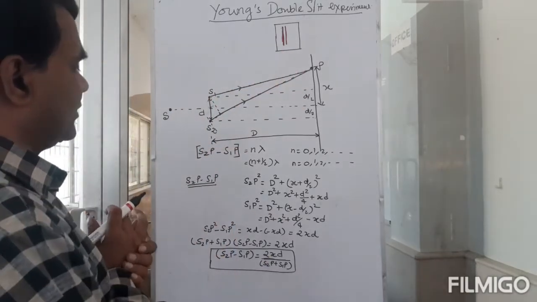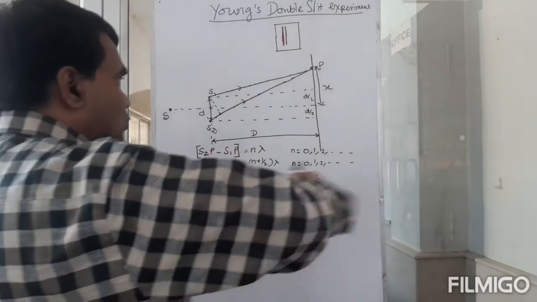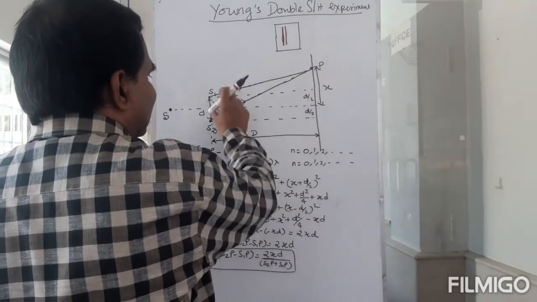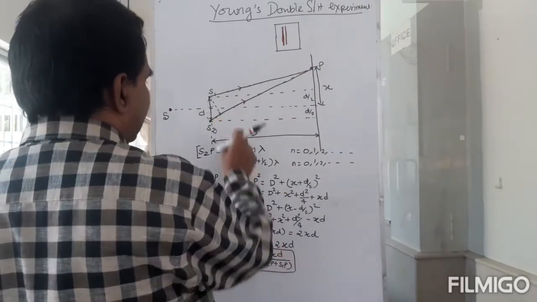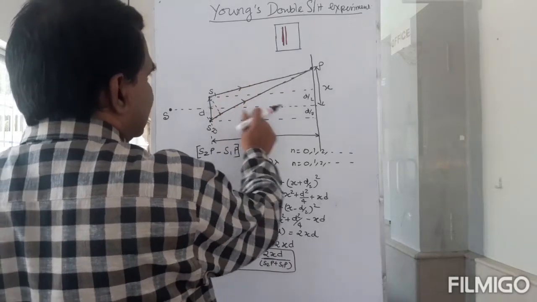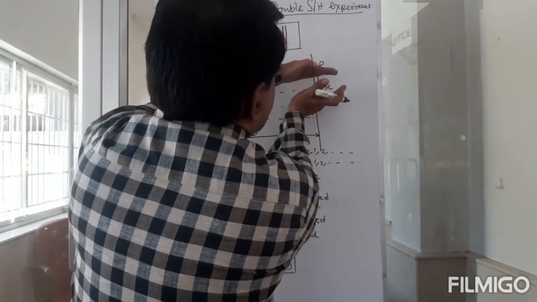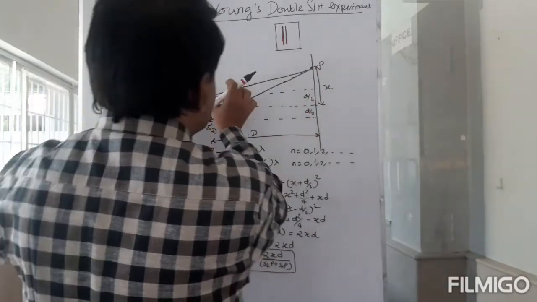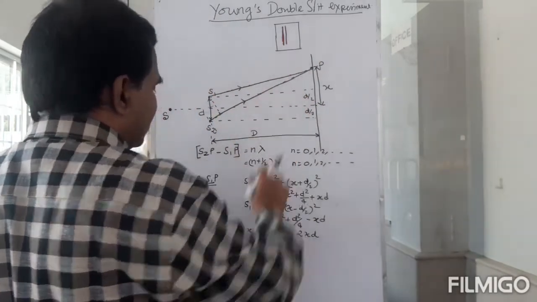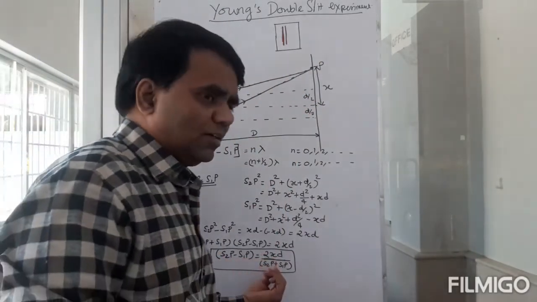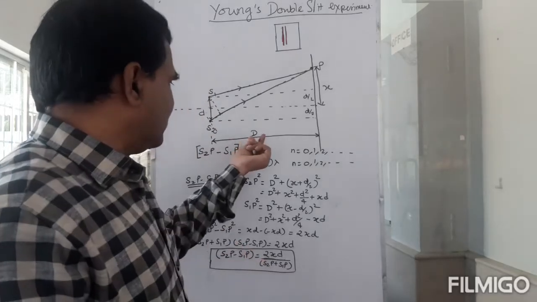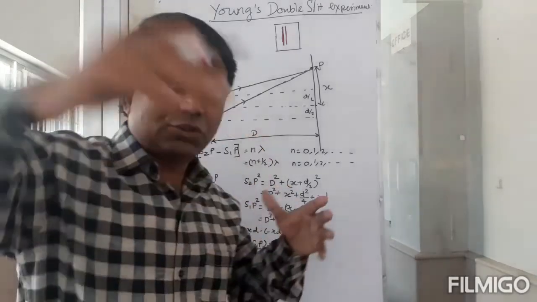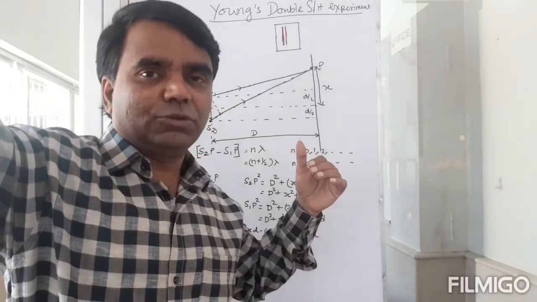Just keep it in mind. If you go too far, and x is too close to the central axis, then S2P and S1P will be almost equal, and they will almost be equal to D, if you're too far from the source.